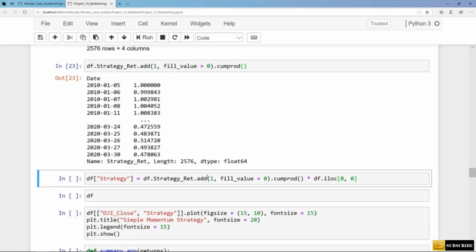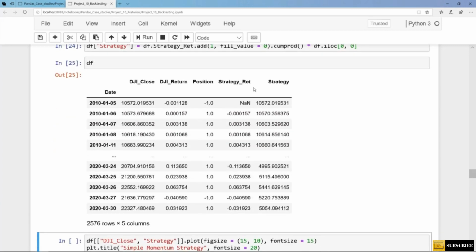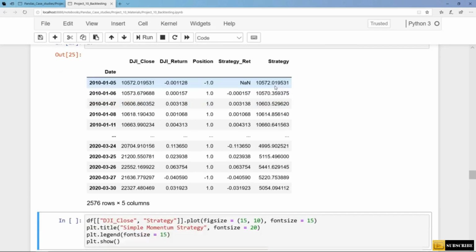And let's create the additional column strategy where we get the prices for our strategy. So at the 5th of January 2010, we are starting at 10,572 for our basic strategy and for our momentum strategy. And obviously the prices for our momentum strategy declined over time.